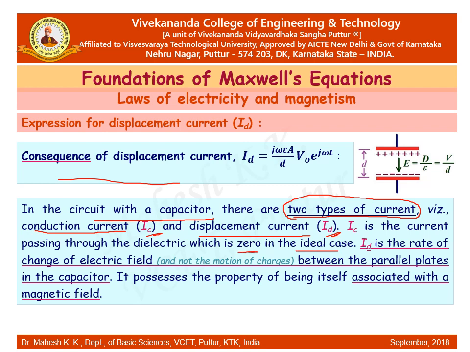Because it is a dielectric and an insulator. And ID is the rate of change of electric field between the parallel plates, leading to a polarization in the dielectric medium between the parallel plates. It possesses the property of being associated with a magnetic field. This is important.